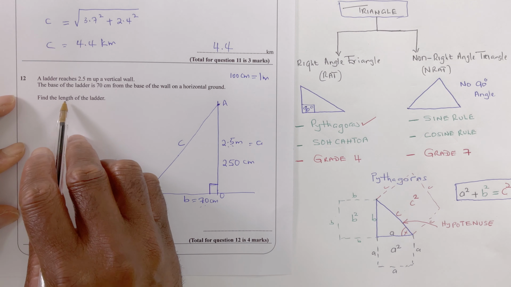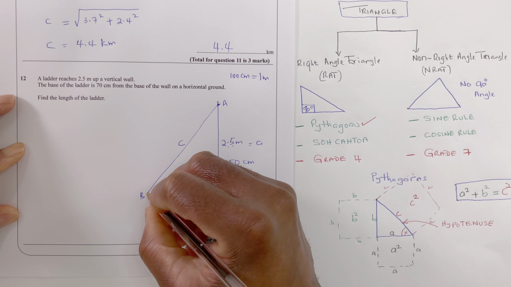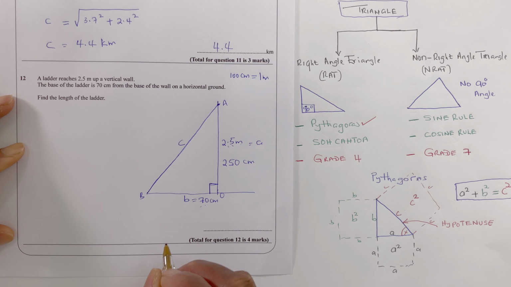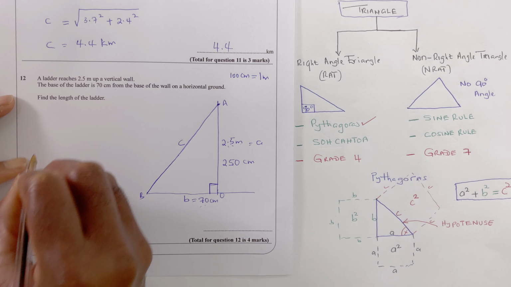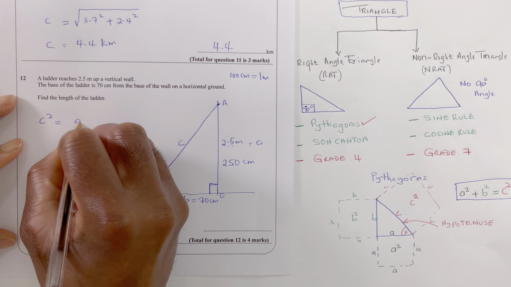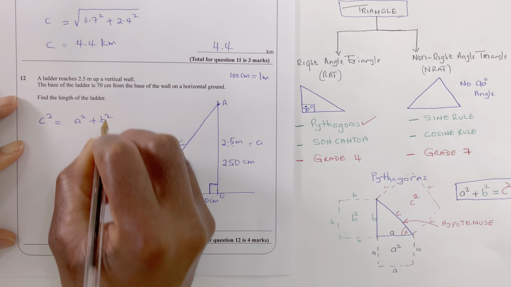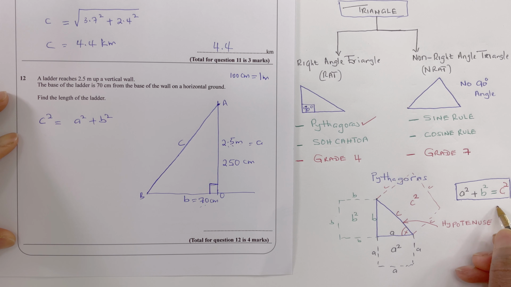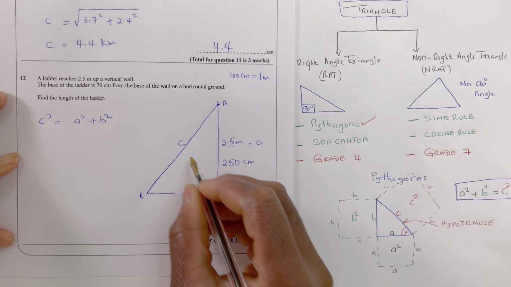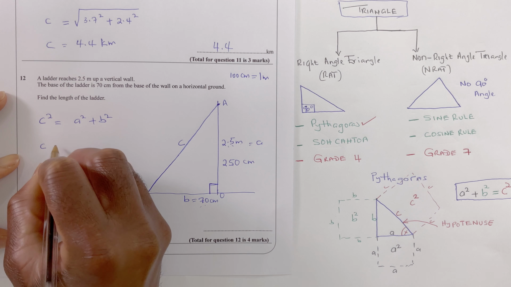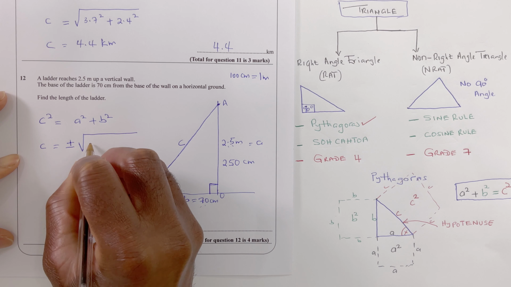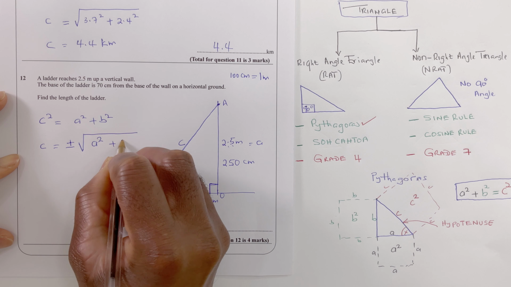We need to find the length of the ladder. So we need to find C, because remember, C is your ladder. And so to do that, we can say C squared is A squared plus B squared using Pythagoras. And we're looking for C, so we could say C equals plus or minus the square root of A squared plus B squared.